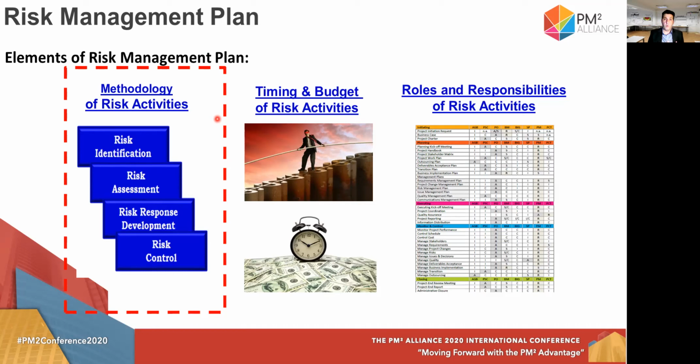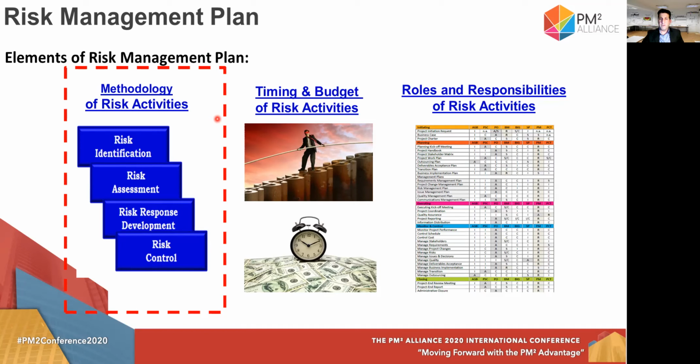And of course, you have to write it in the future tense. So first, we describe how you will conduct the risk identification and what kind of templates you will probably use. Then how you will execute the risk assessment, and you have to connect that with what kind of templates and scales you will use. Then the risk response development, and of course, the risk control.